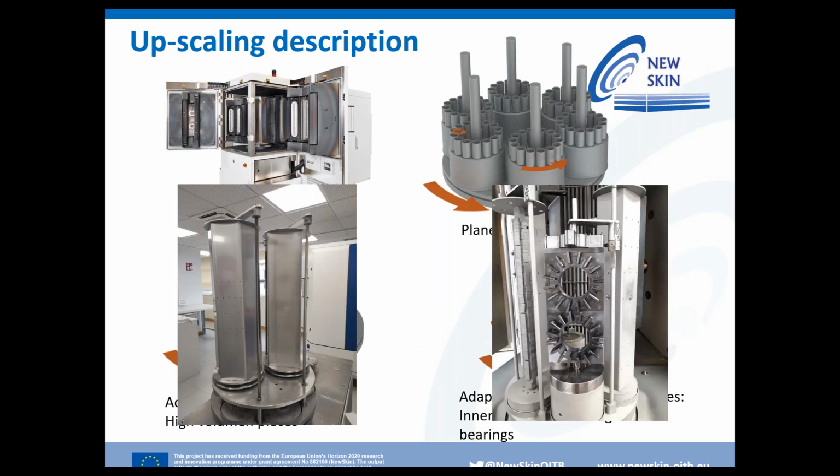Here you have examples of the modifications, in this case for the turntable for heavy pieces. Here we have dummy columns simulating these heavy pieces, because if you have a bigger part, you have to use the whole turntable.